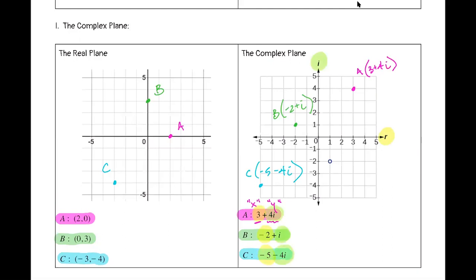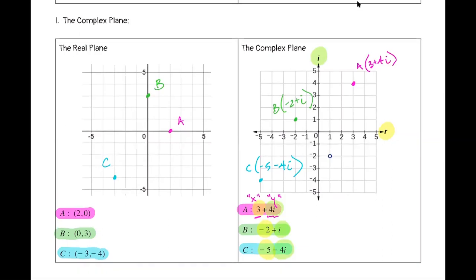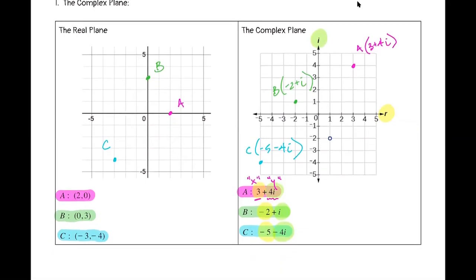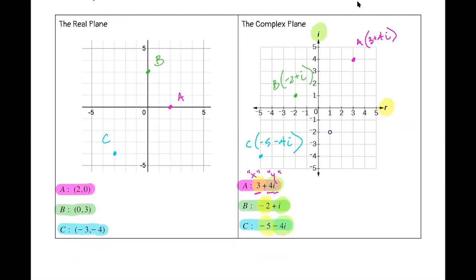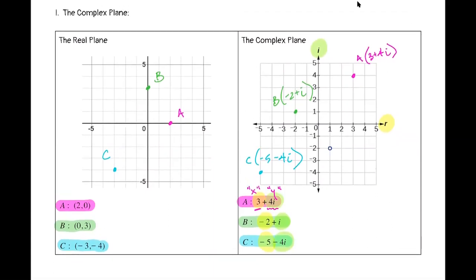Okay. So it works very similarly to a real plane, but just we get the numbers from different parts of the point. Okay. So we can actually graph things on a complex plane, but we don't often. I just wanted to show us that we could graph points like that there. Okay.